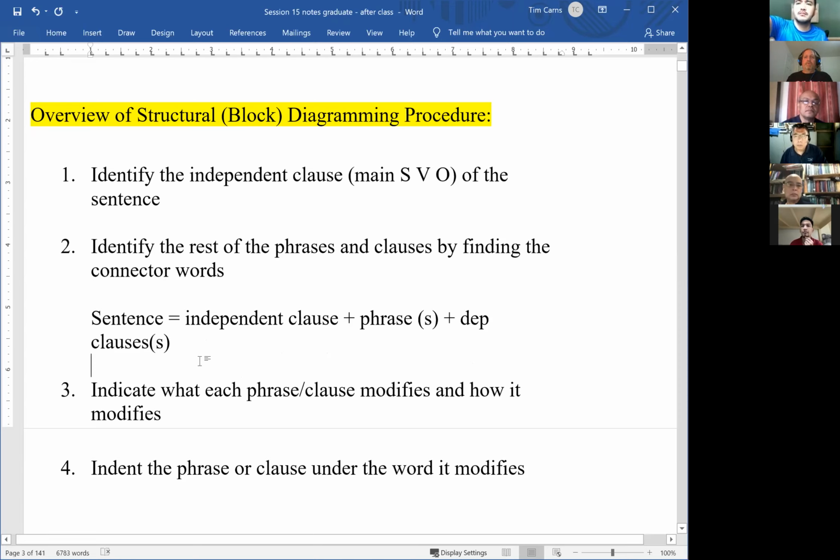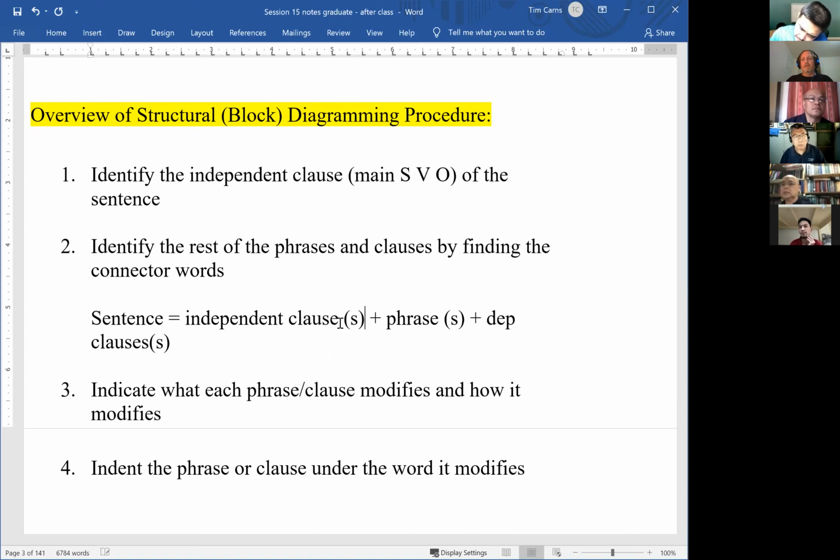And remember too, sentences can have more than one independent clause. There are times when an author, a scripture, will communicate more than one thought. So I should probably say independent clause or clauses, since sometimes there will be more than one when we have a particular conjunction that connects them.